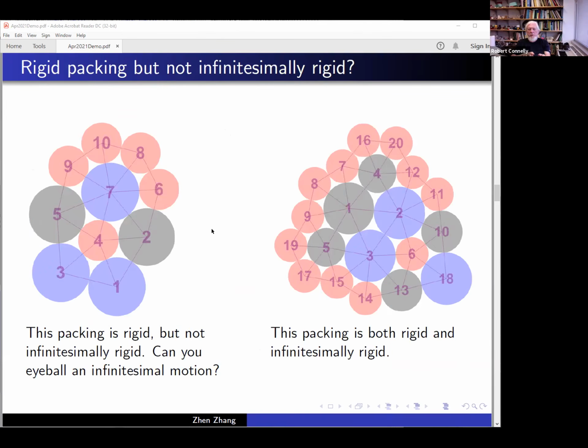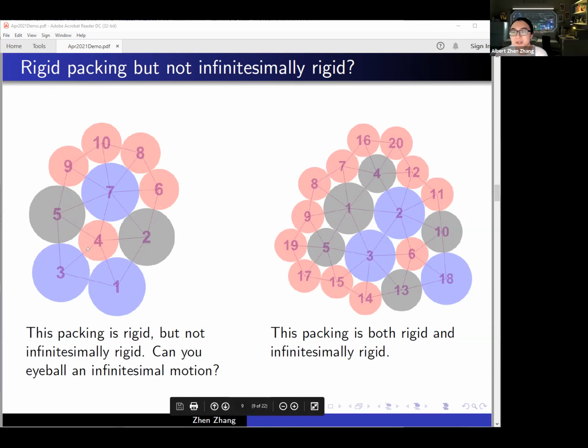If it's infinitesimally rigid, you can't find anything nearby. But I mean, this one is not infinitesimally rigid. Yeah, this one is not infinitesimally rigid, but it's locally rigid. It's definitely locally rigid because we showed this is actually globally rigid.